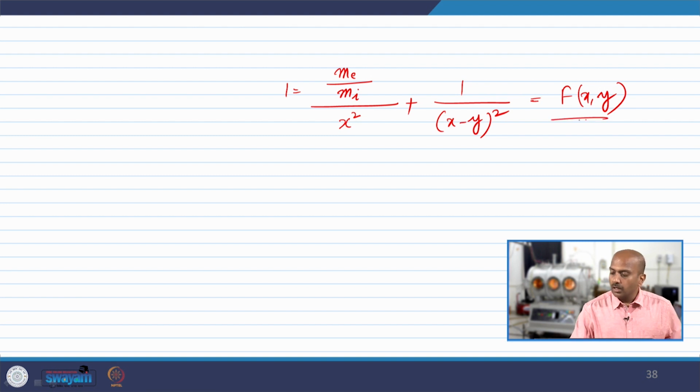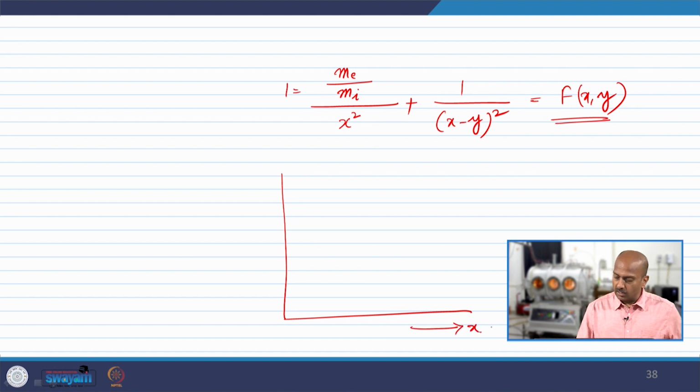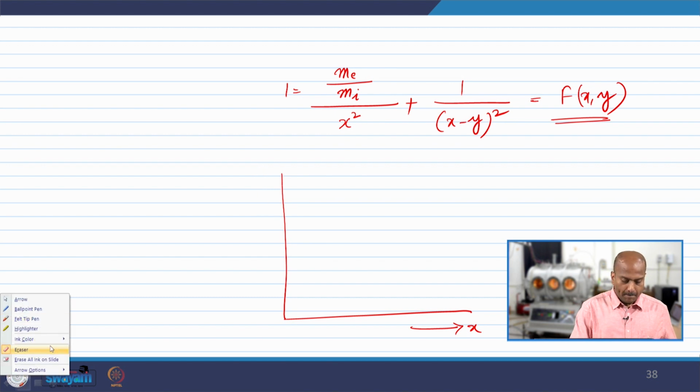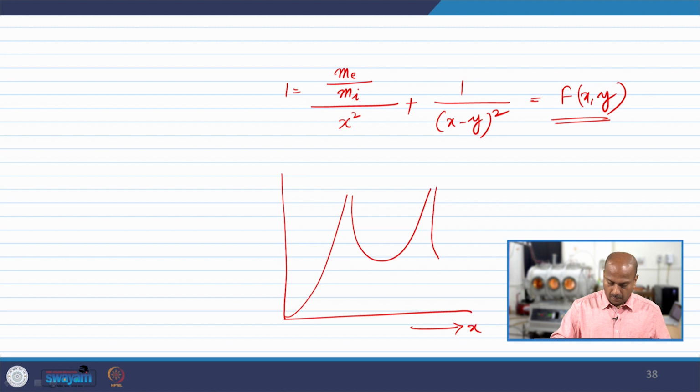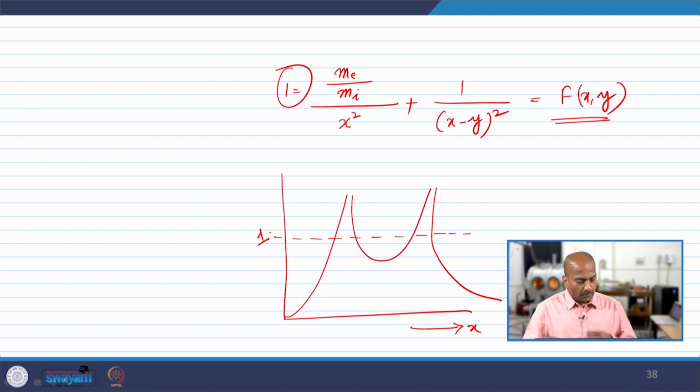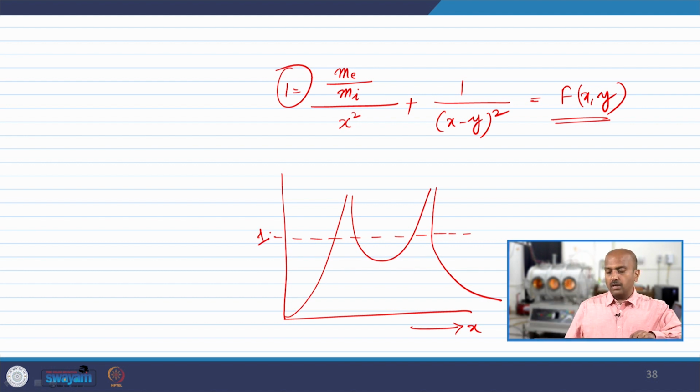Now, if you plot this with x on the x axis and f on the y axis, you will get a curve something like this. Okay. So, this point is 1. So, the stability is actually understood.